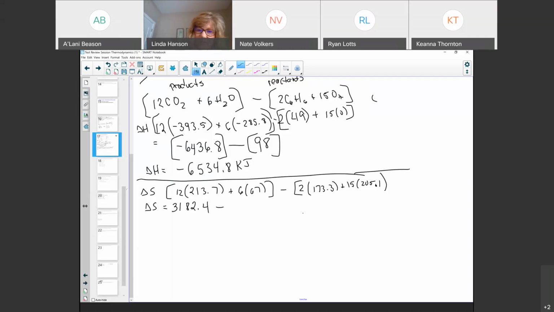I'll simplify the other side, and then do my subtraction just to show that we get a common answer there. I'm going to wait and see if we get the same thing, if someone would be willing to verify in the chat or turn on your mic. 3182.4 minus 3423.1.